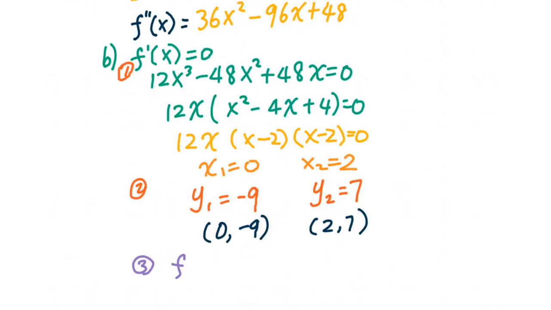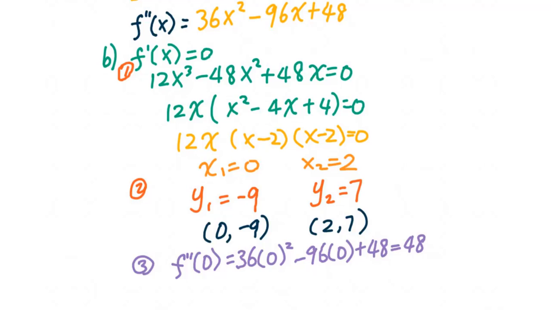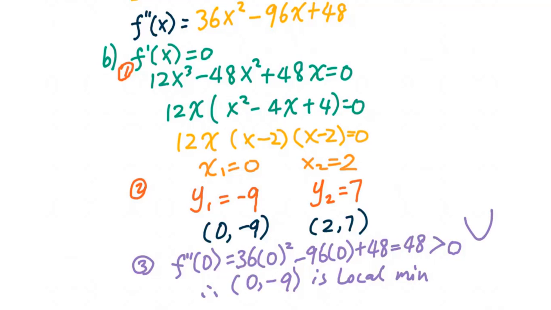We plug 0 into the second derivative: 36 times 0 squared minus 96 times 0 plus 48 equals 48. Since this is greater than 0, (0, negative 9) is a local minimum point, because greater than 0 means concave up.